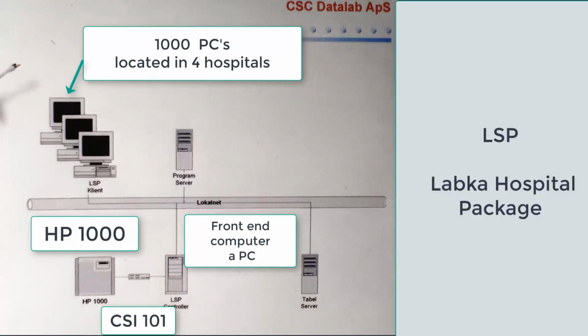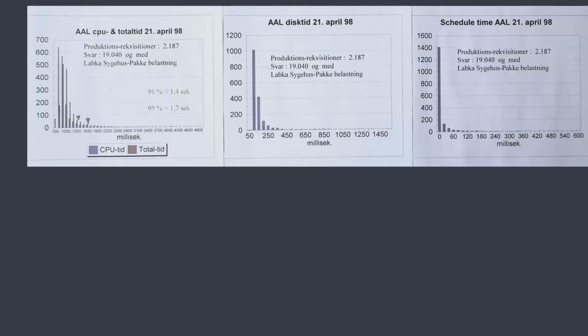This was the reason for the extension measurement on April 21 in '98 on the HP 1000 RTE A. The measurement was carried out by adding extra programs on top of the ongoing production on a busy day to simulate the extra load that the LSP system would add.